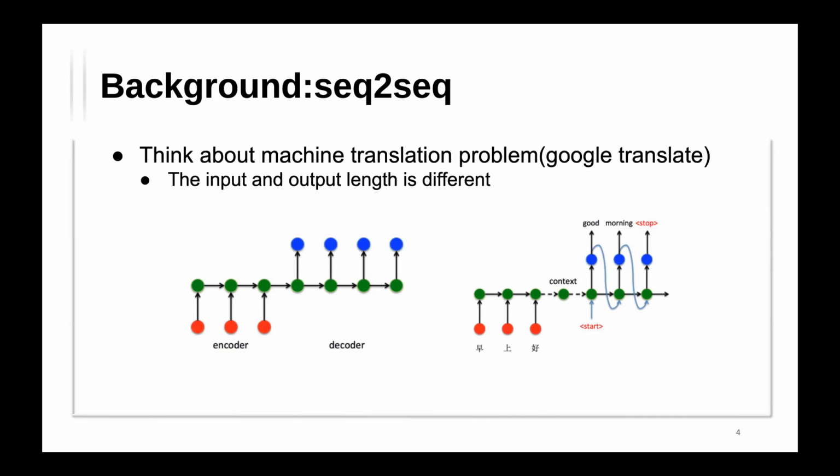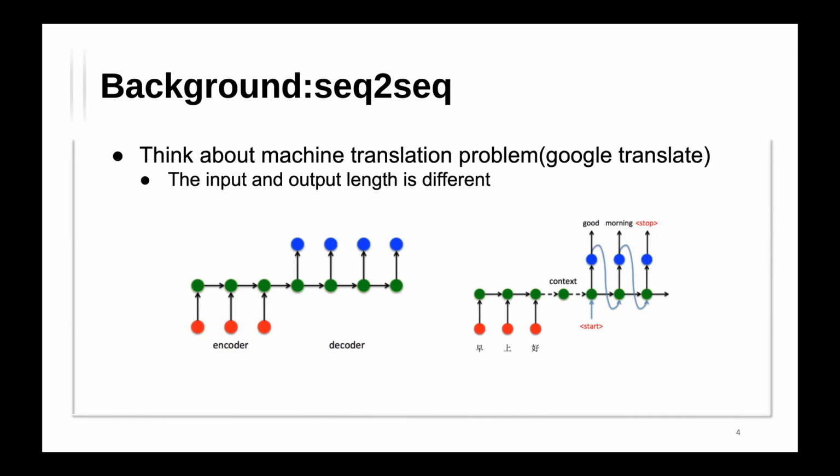The difference between this task and the previous task is that the input and output lengths are different. For example, if you want to translate a sentence in Chinese like 早上好 to English, good morning, the input and output lengths do not necessarily have to be the same.